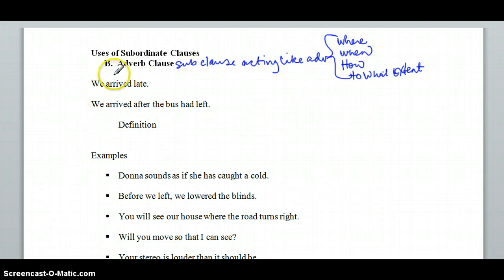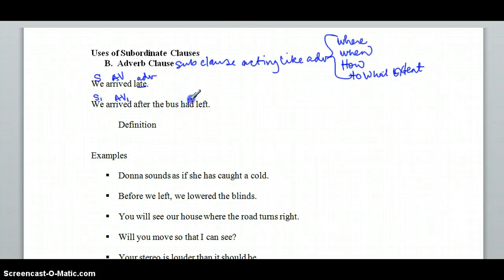So we arrived late. Action verb, who or what arrived, we did, when did we arrive, or how did we arrive, adverb, late. We arrived after the bus had left. Here we have our action verb, who or what arrived, we did. The bus had left.